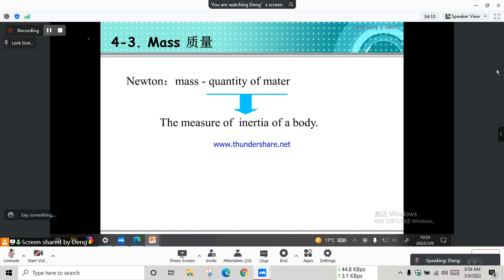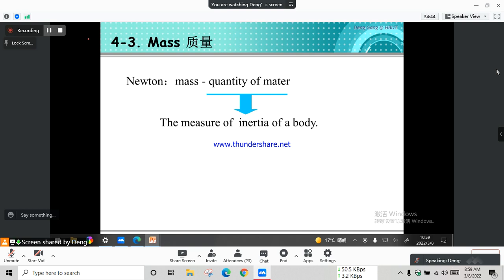And inertia means they want to keep their state of motion. Not easy to change means easy to keep. So a heavier object tends to keep its state of motion, which means a heavier object has greater inertia.